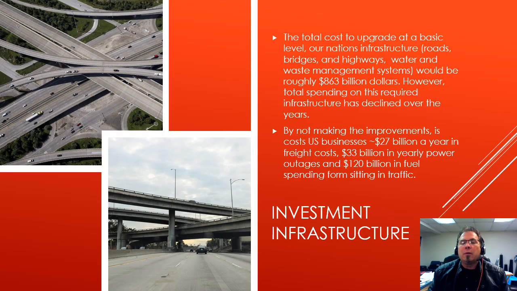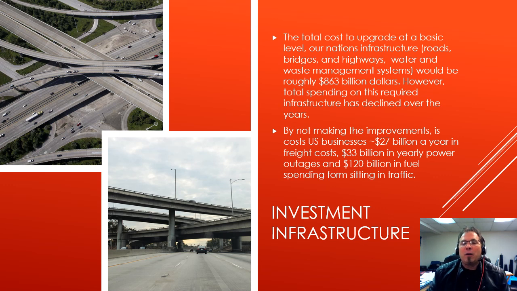In order to build a more regional, sustainable community, it takes a huge investment in the infrastructure. And while everybody knows this, the price tag becomes astronomically high to get it to a level that would benefit everybody, including repairing roads, bridges, and highways, your water systems and waste management systems.